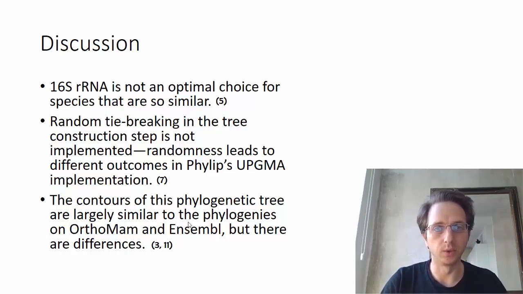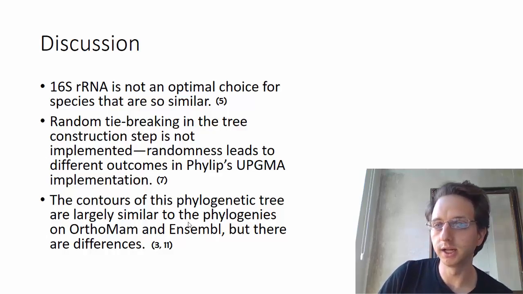Secondly, I found that as I was testing my algorithms against the Phylip program, Phylip has an option for randomizing the tie-breaking part of the tree creation, and I found that this could lead to a different phylogenetic tree.